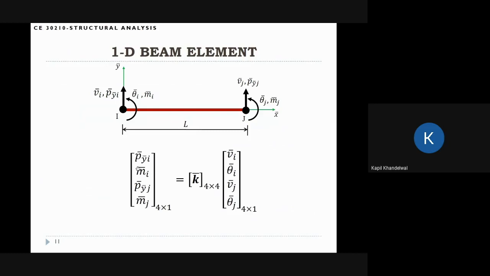We want to see how these four forces, and I'm also using forces in a generalized sense, so when I say forces, it includes both the vertical forces and the moments, are calculated. What is the relationship between these forces and these displacements? The forces are Pyi, Mi, Pyj, Mj, and the displacements are Vi, theta i, Vj, theta j. The ordering is very important.